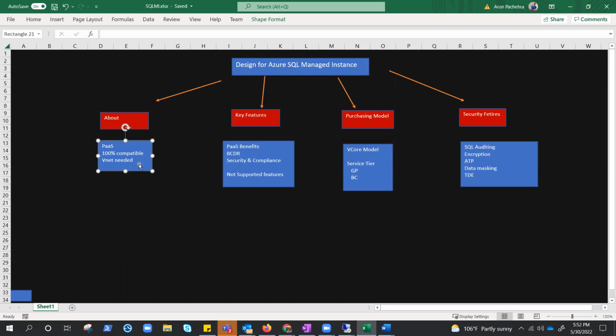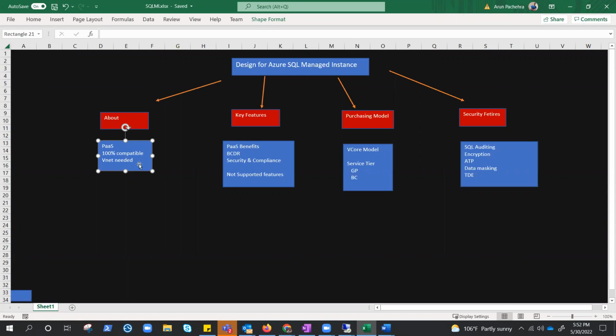At the same time, SQL MI preserves all PaaS capabilities, right? Like automatic patching, version update, backups, HA (high availability), and geo-replication that drastically reduce management overhead and TCO, of course.